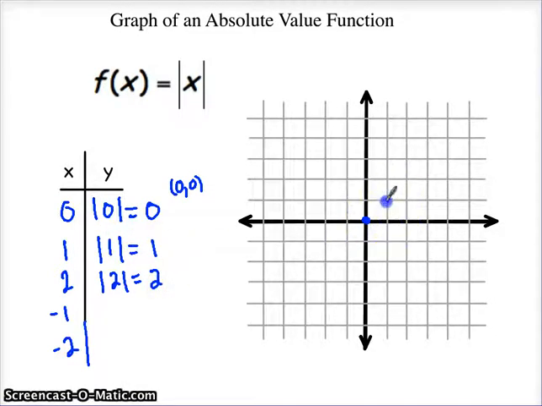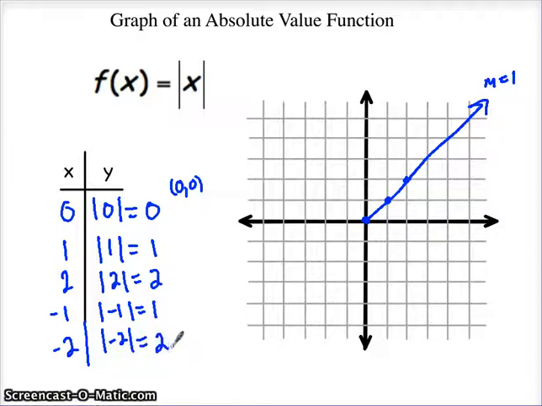So at (1, 1) and (2, 2), we're basically just getting a linear line that's going to travel with a slope of 1. But the change comes in when we take the absolute value of negative numbers, such as the absolute value of -1 or -2, because we get back positive numbers. Remember, their distance to 0 is now the output.